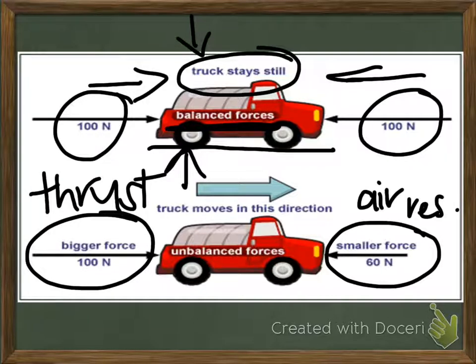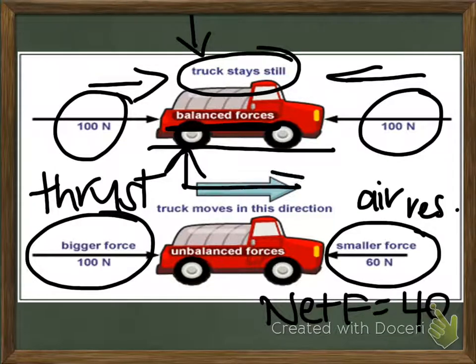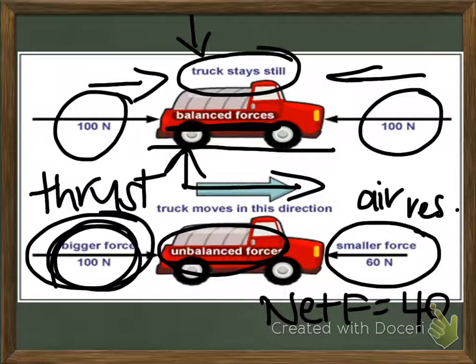This causes the truck to have a net force of 40 newtons, and it causes the truck to move forwards. These are unbalanced forces. There is a difference between the numerical value placed on this force and the one that is pushing against the motion of the truck.